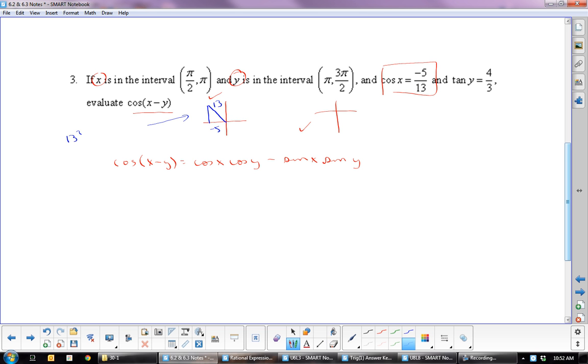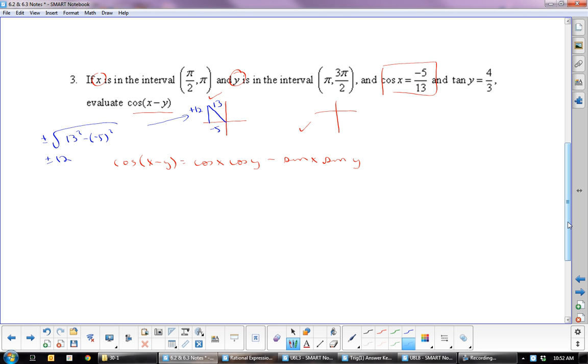So if we go 13 squared minus negative 5 squared, take the square root of that. Now it's going to be a plus minus, and it works out to be plus or minus 12. So which one would it be, plus or minus? Plus 12. So this is a plus 12 right here because we're in quadrant 2 where y is positive.